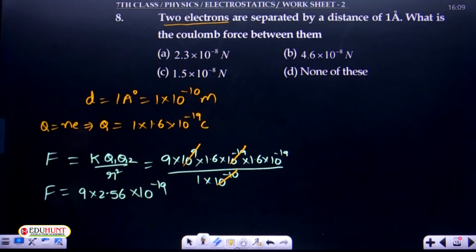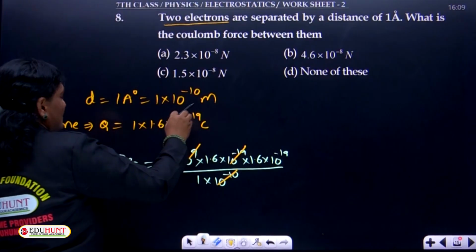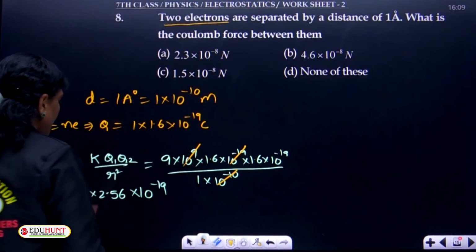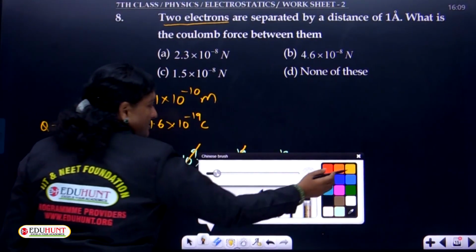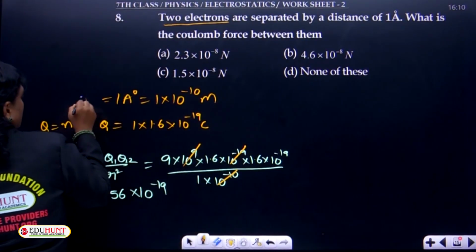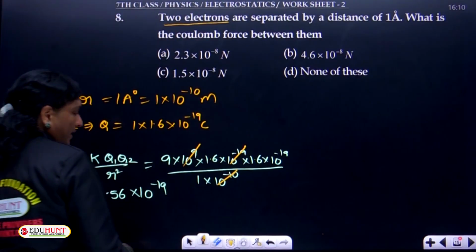So, simplifying this further. Yes, the distance is given as 1 angstrom, which equals 1 into 10 power minus 10. So, distance R or D, whatever be the case, distance D is nothing but R, but here we have to find out the value of R square.